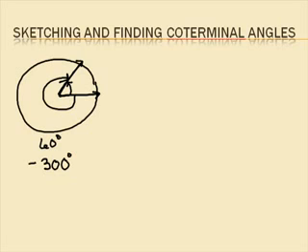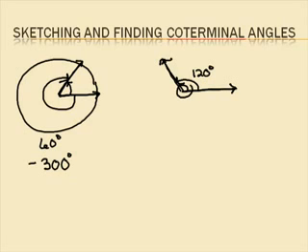Let's take this angle. Let's say we have an angle of 120 degrees. Okay. So the angle is starting here, it's ending here. Here's my initial side, here's my terminal side. Well, let's start in the same place, and let's go in the same direction.